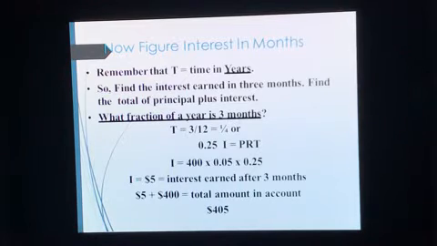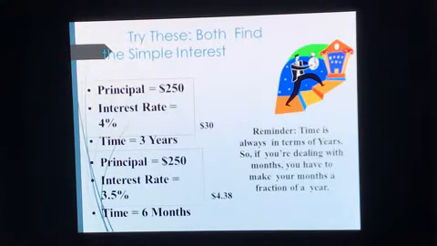The total time period is 3 months, so we take the fraction of 3 months against 1 year, then t will be equal to 3 divided by 12, which is 1/4 or 0.25. By using the formula, we get that 405 will be available in our account at the end of the first quarter. 400 is the principal amount and 5 is the total interest earned in the first quarter.